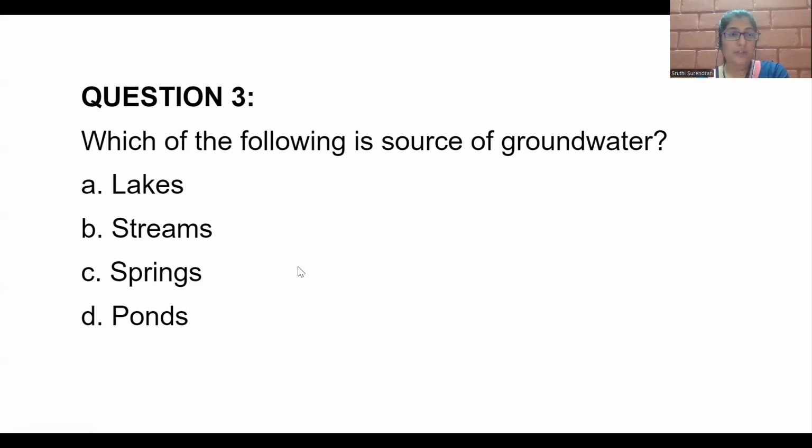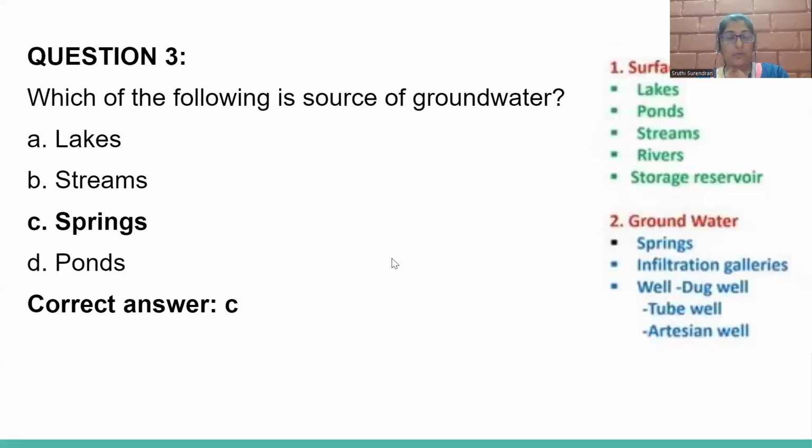Now, all these are water bodies: lakes, streams, springs, ponds. So let's see under what categories all of these come. A lot of you gave the correct answer, springs. So let's see what the different types of water bodies are and under what category they come. All the water bodies on the earth's surface and below the earth's surface can be classified into two types.